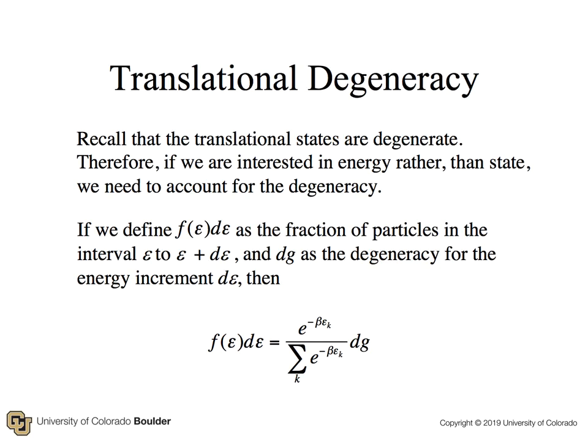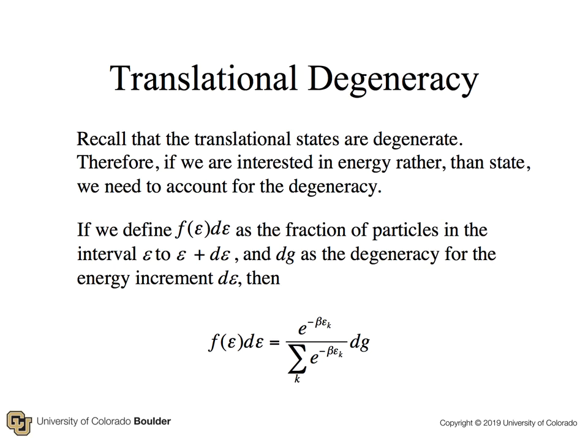We do need to deal with degeneracy. Recall that translational states are degenerate. And so if we're interested in energy rather than state, we need to account for the degeneracy. So we can define f of epsilon d epsilon as the fraction of particles in an interval epsilon to epsilon plus d epsilon.